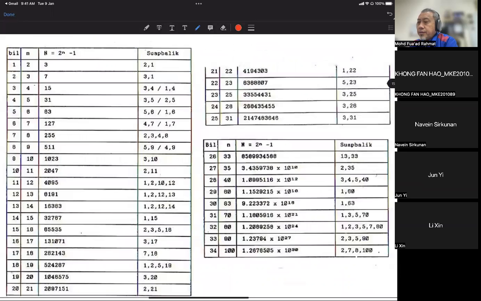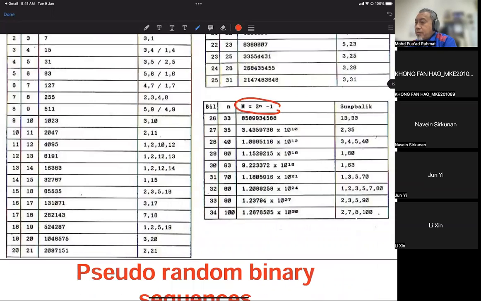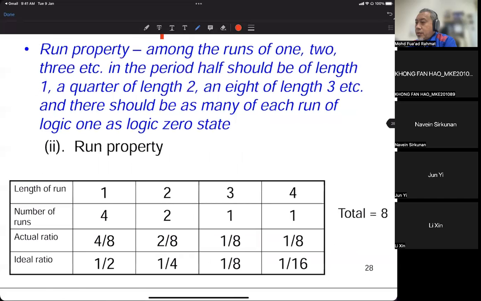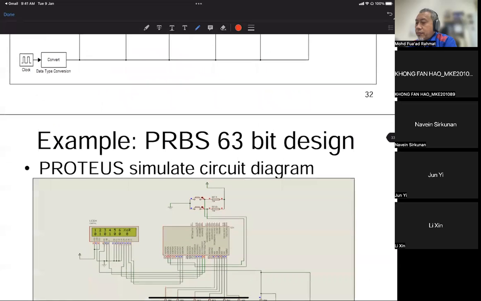So we have a lot of maximum length sequences, which is given by capital N equal to 2 power of small n minus 1.